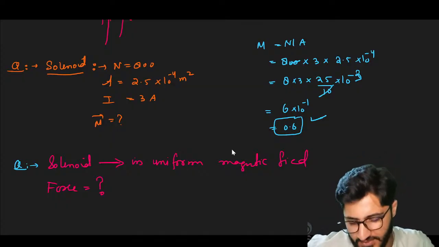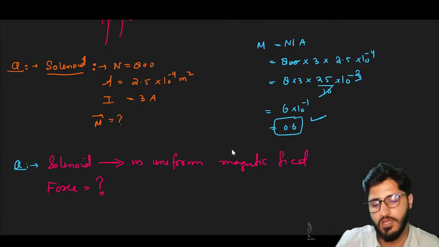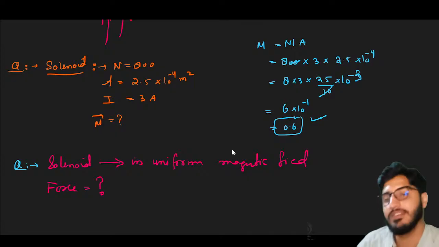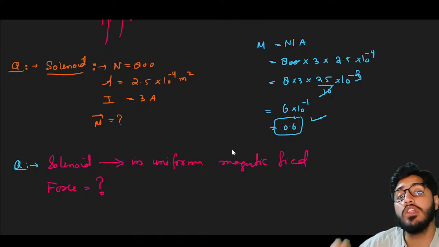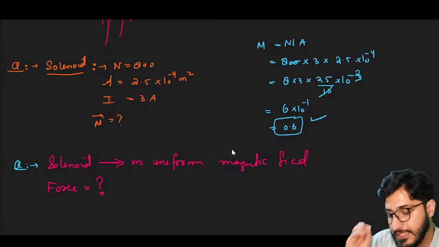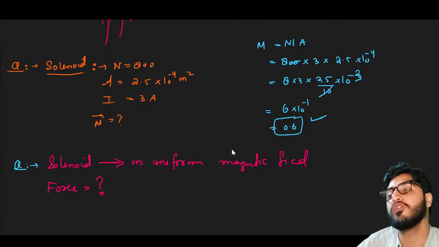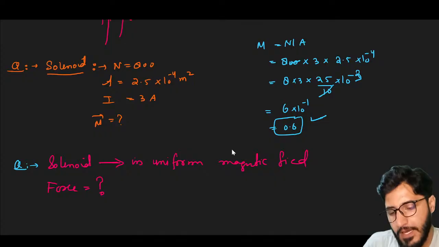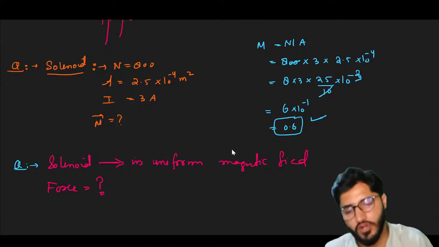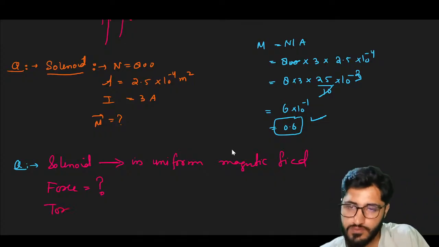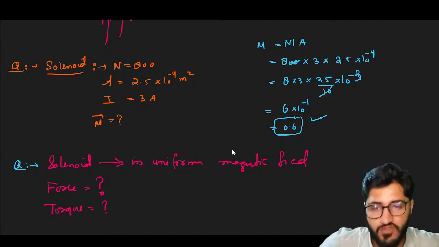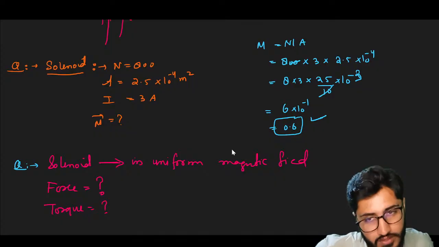That is 0.6 now. 6 × 10 to the power minus 1 is 0.6. So could you just tell me how to find force now? If this solenoid is placed in a uniform magnetic field, what will be the force, and how to find torque? Which equation can we use to get force, and how to find torque?